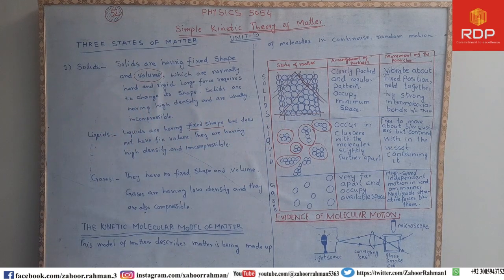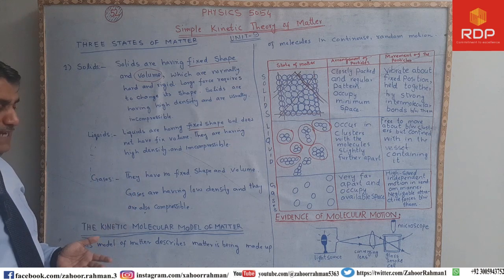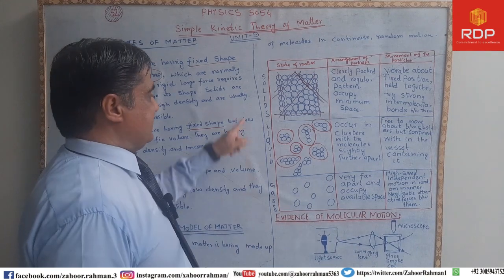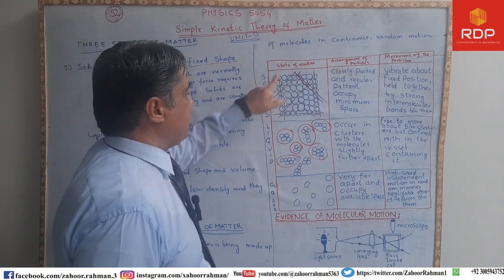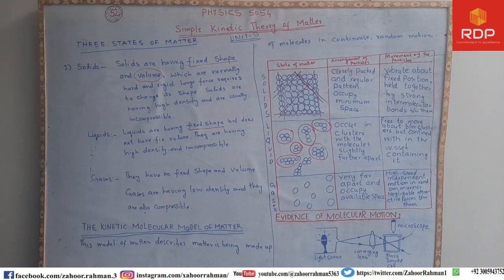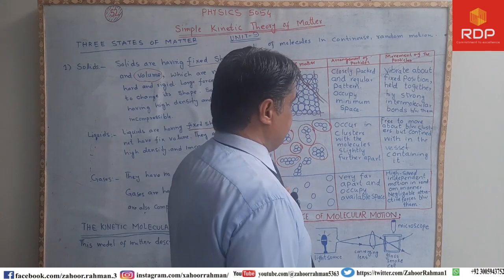Whatever space they are getting, if you are putting it in a vessel, it will occupy the full space, just like I mentioned the plasma as well. It will occupy the whole space. You cannot say that plasma is confined to this part of the container. No, it is occupying the full space, just like the gases are occupying the full space.